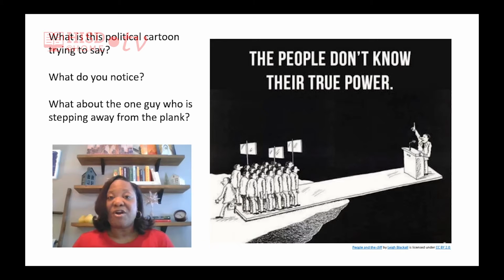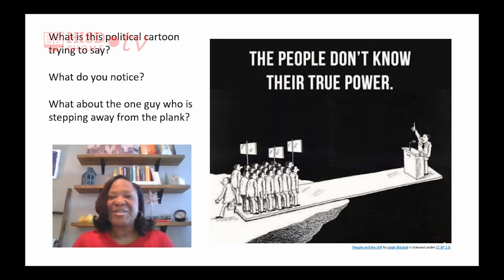If the people are not standing on the part that keeps that politician from going over the cliff, then the politician doesn't really have any power at all. It looks like the people have all the control here. Is that what you thought as well as you were looking at this political cartoon?